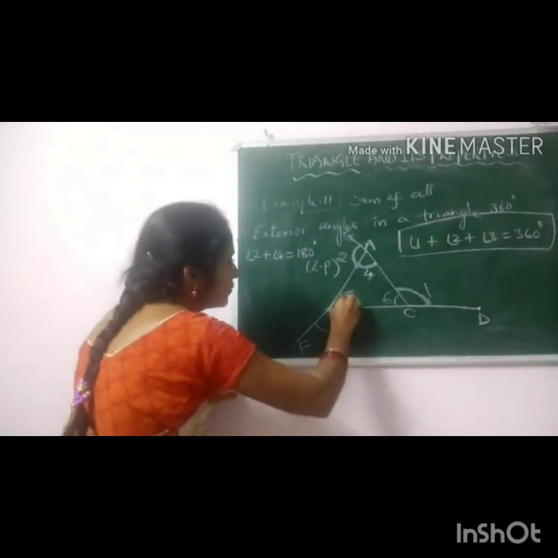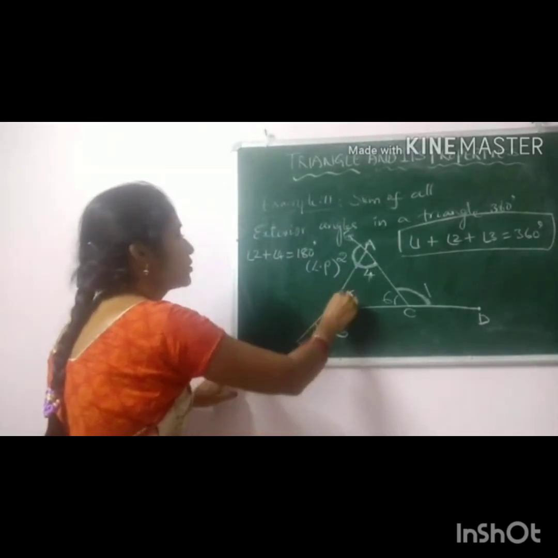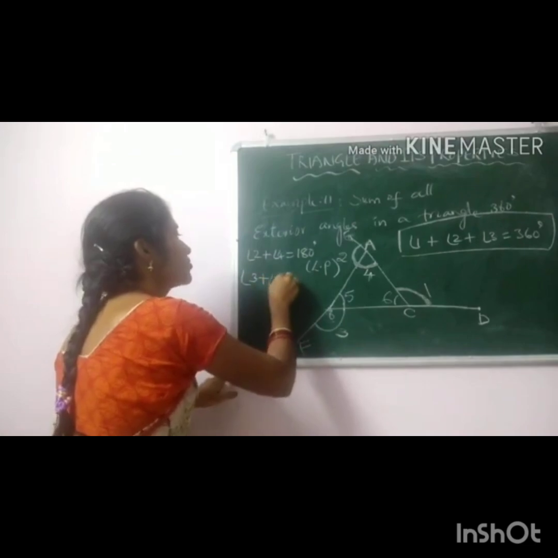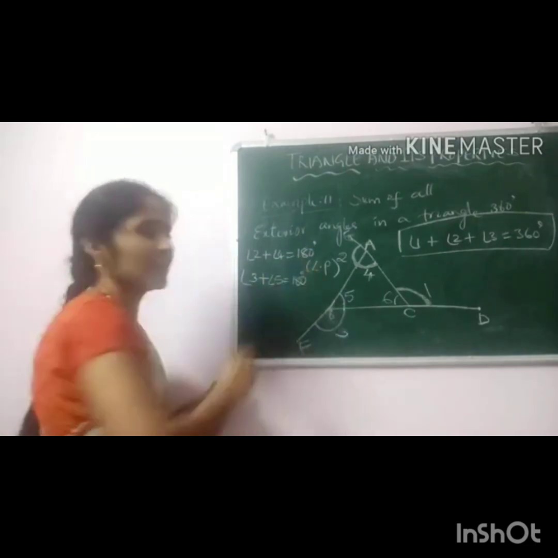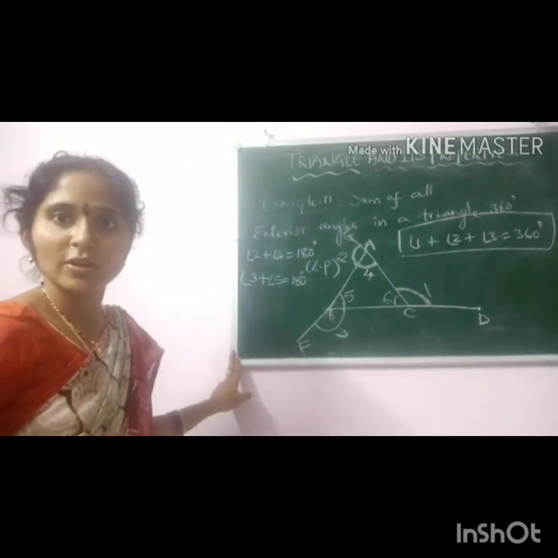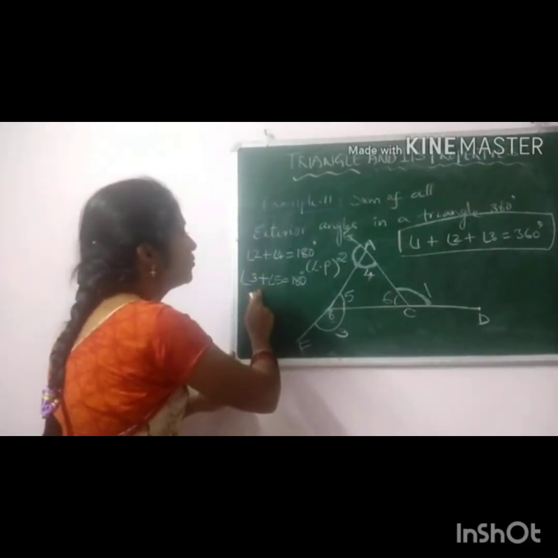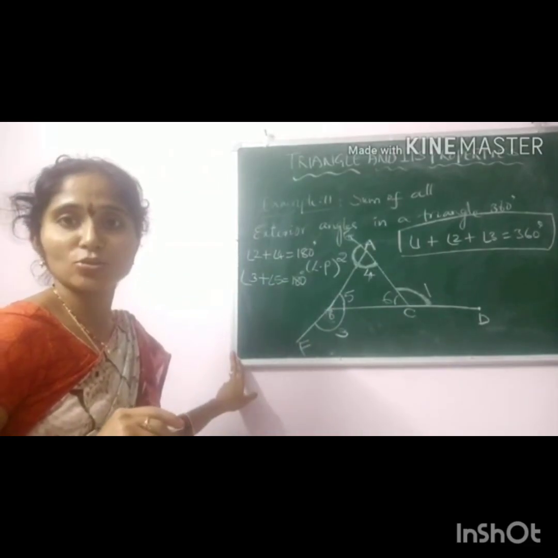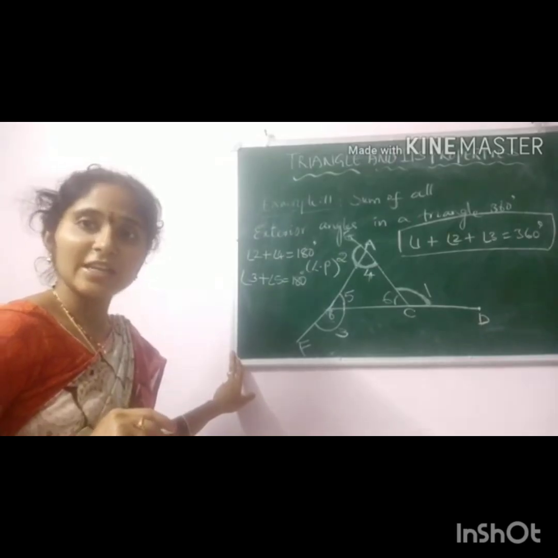And also, angle 3 and angle 5 form 180 degrees, so angle 3 plus angle 5 is equal to 180 degrees. These two angles are also a linear pair.